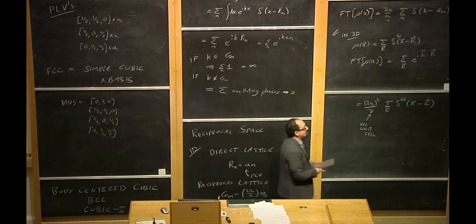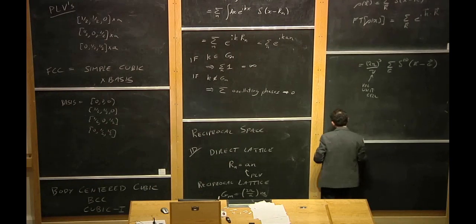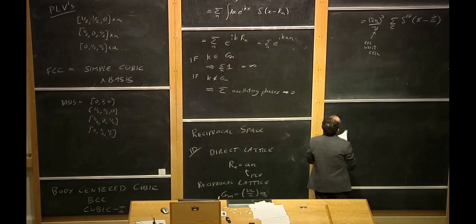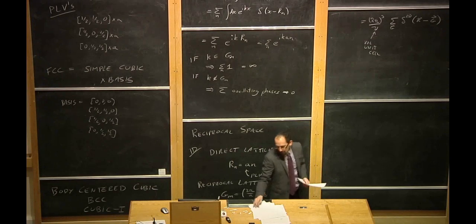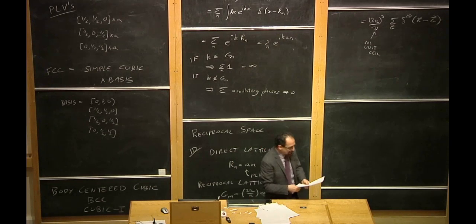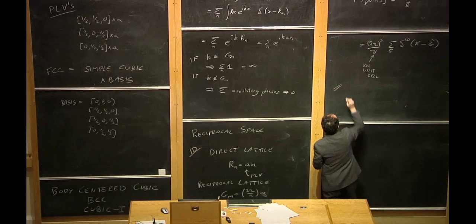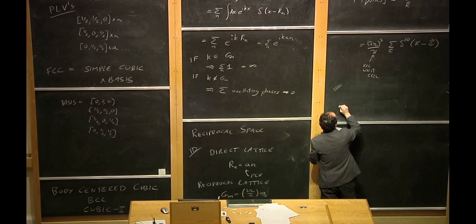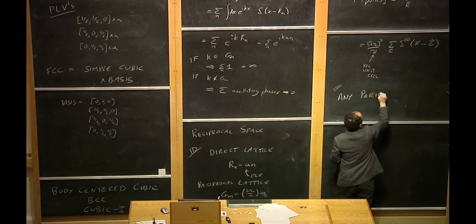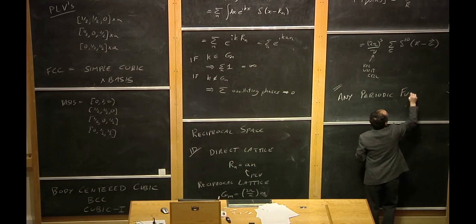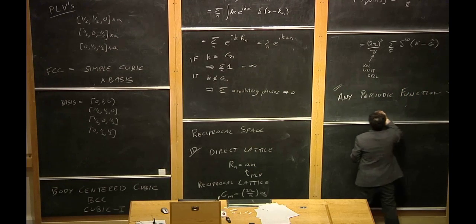Now, we can do a little better even. We can consider things that are more complicated than just a delta function comb, because we're very infrequently actually presented with a real delta function comb. So instead, we're going to consider any periodic function, rho of x.